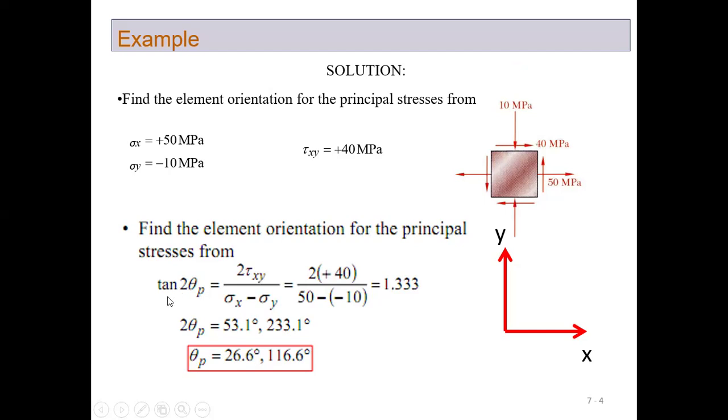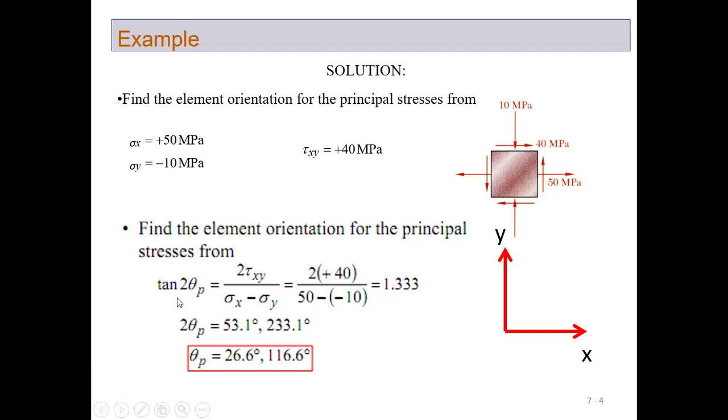So using the analytical model for the orientation of the principal axis, tangent 2 theta p is equal to, you need to just plug in the values. Tau xy is plus 40, sigma x is plus 50, and sigma y is minus 10. After plugging in the values and doing the calculation, the answer is 1.333.